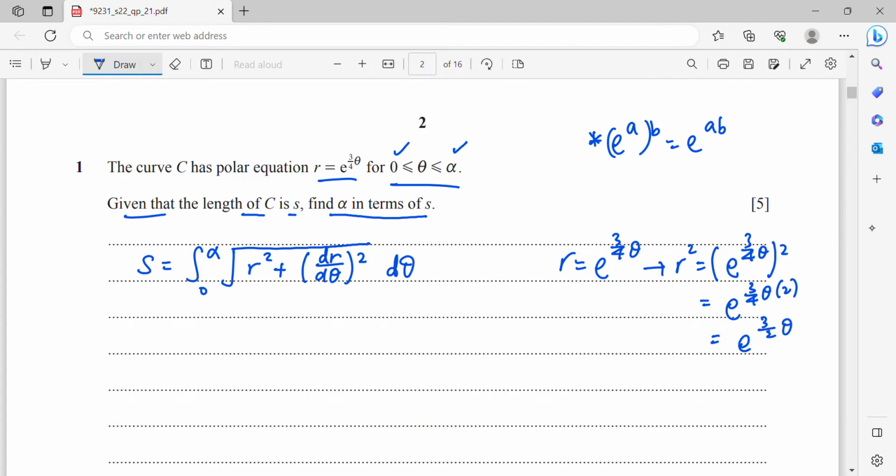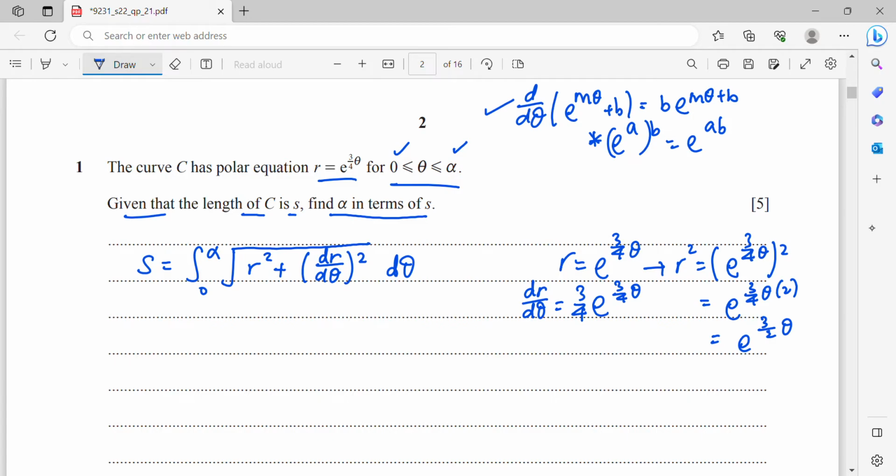Now at the same time, I need to get my dr over d theta. When you differentiate exponential of m theta plus b, we rewrite the whole exponential, and then differentiate the m theta plus b, which gives m. So to differentiate, we apply this exponential formula. I will rewrite my whole exponential, then when I differentiate 3 over 4 theta, it will be 3 over 4.